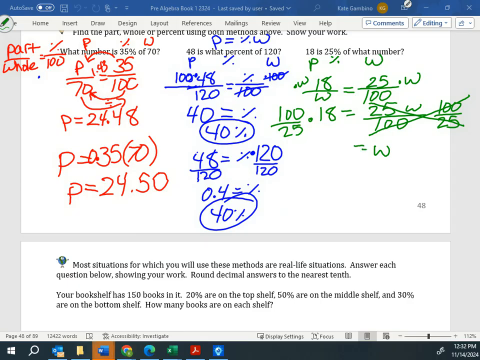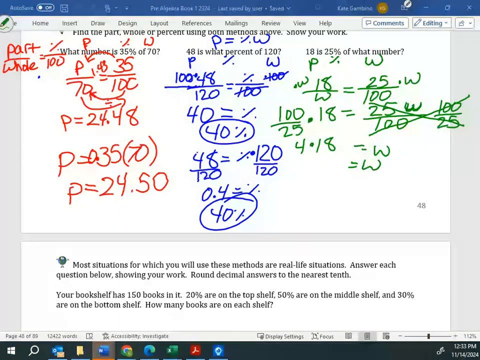So now we're left with our W, and we have 100 over 25 times our 18. What is 100 over 25? Vivi? 4. So that's the same as saying 4 times 18.